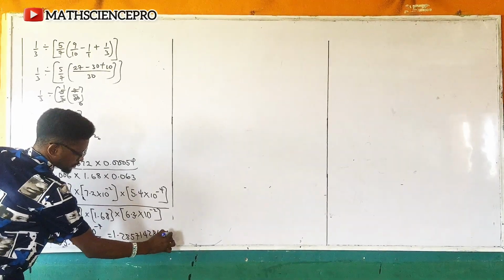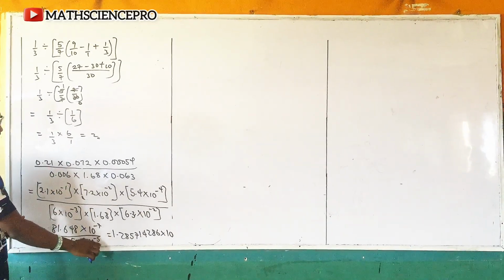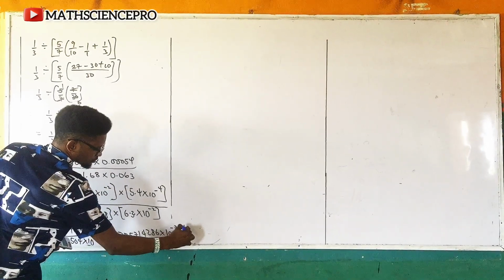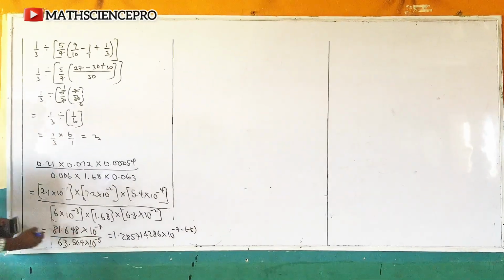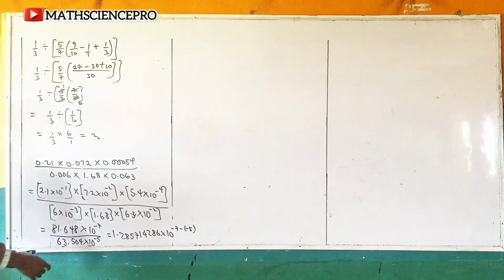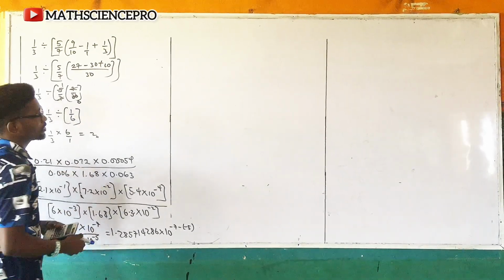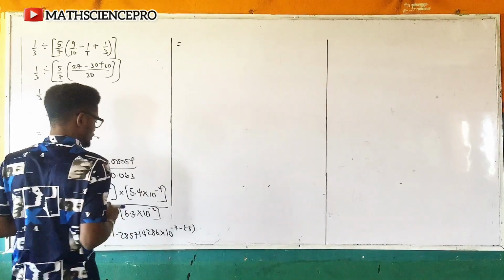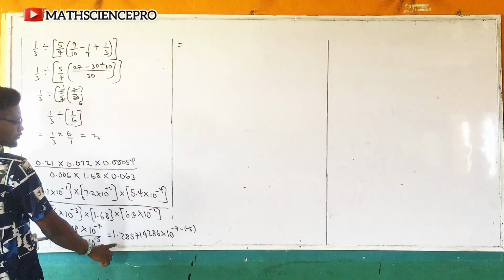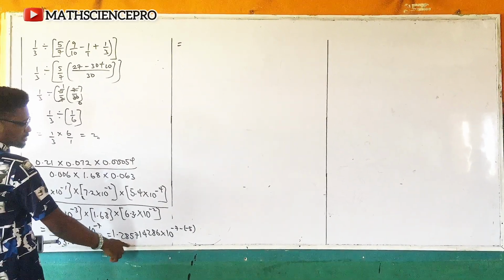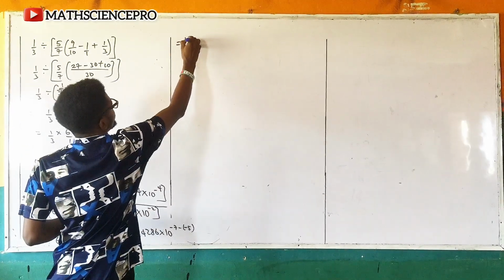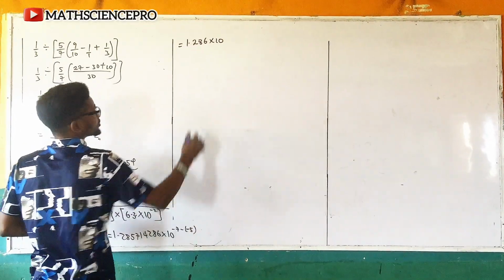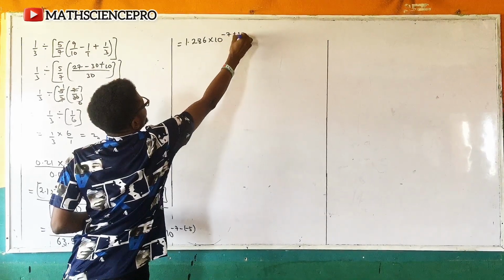Now negative 7 divided by negative 5, that's going to be negative 7 minus negative 5, from your law of indices. So quickly, the final result, I think we have to put our final answer in 3 dp. So 3 dp is going to be 1.286 times 10 raised to power negative 7 plus 5.